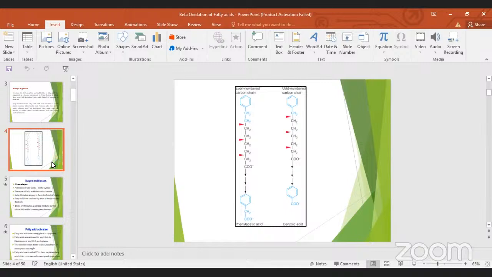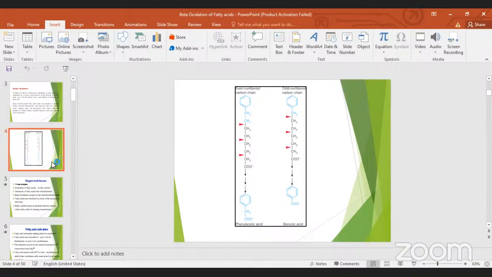Each turn of beta oxidation generates one FADH2, one NADH2 and one acetyl-CoA molecule. However, in the last turn of the spiral, two acetyl-CoA molecules will be produced.